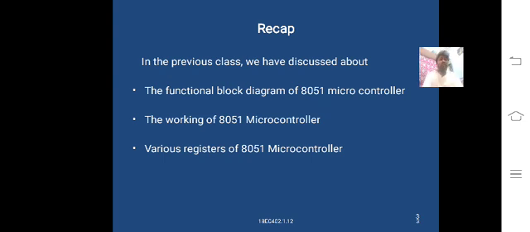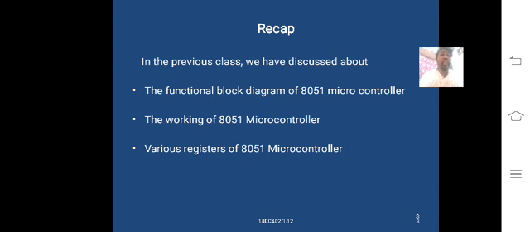In the functional block diagram, we discussed what the blocks available in the 8051 microcontroller are, and also the various functions of each block of 8051 microcontroller.